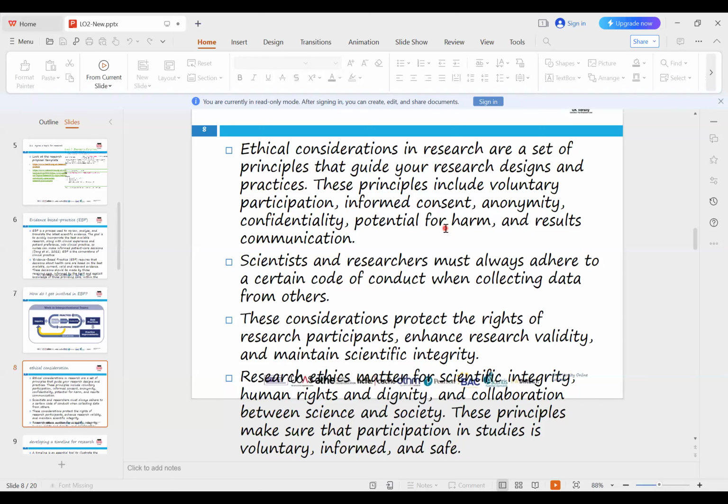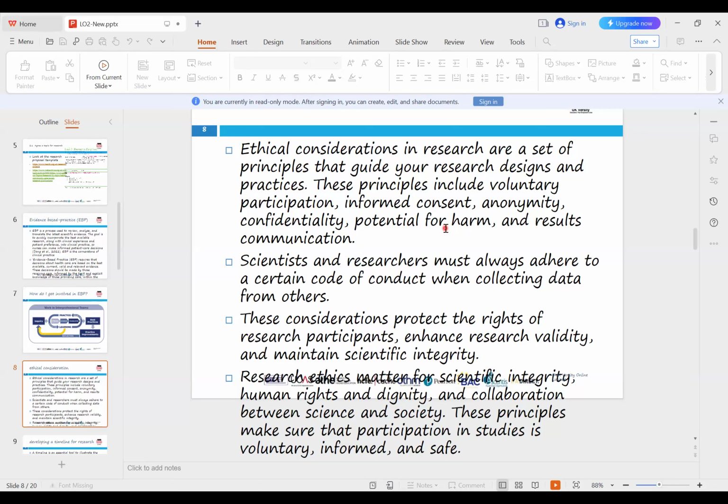So scientists and researchers must always adhere to a certain code of conduct when collecting data from others. You have a certain list of what to do, and you cannot go otherwise. You can't work apart from those strict guidelines. So they're very strict. You have to adhere to them. These considerations protect the rights of research participants, enhance research validity, and maintain scientific integrity.